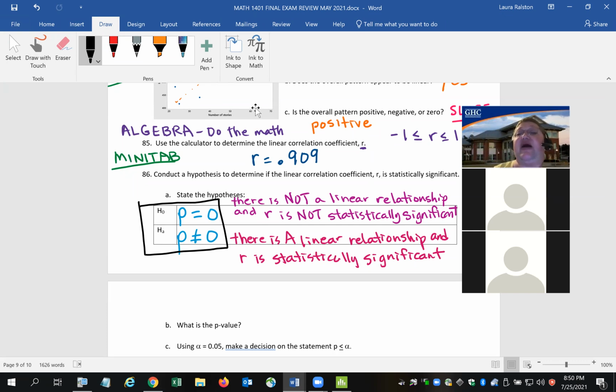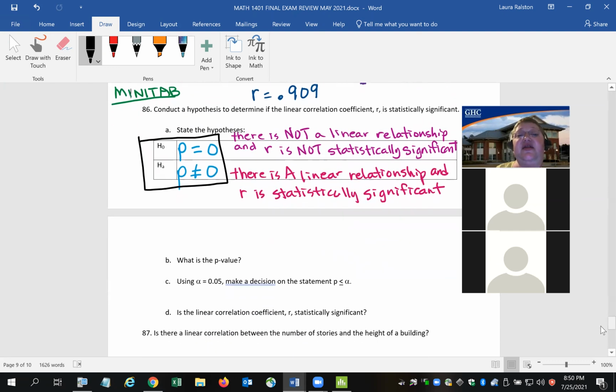And then I've got to go back out to Minitab because I need the p-value of the test statistic so I can make a decision about whether to reject or fail to reject, which ultimately determines whether I have a relationship or not. So I'm going back out to Minitab.